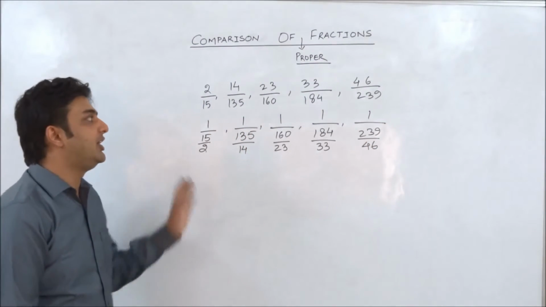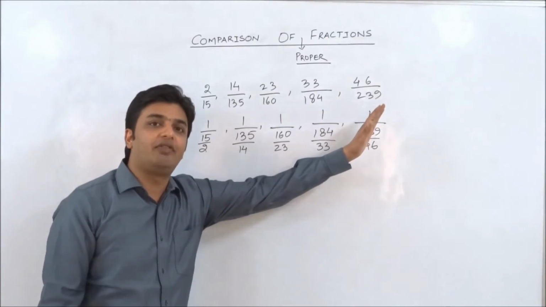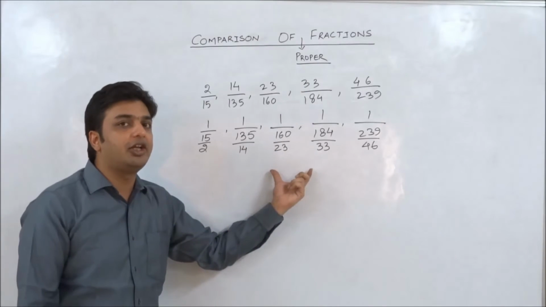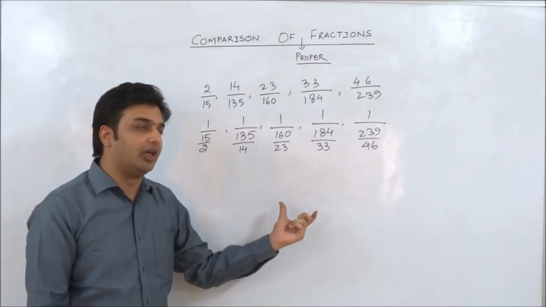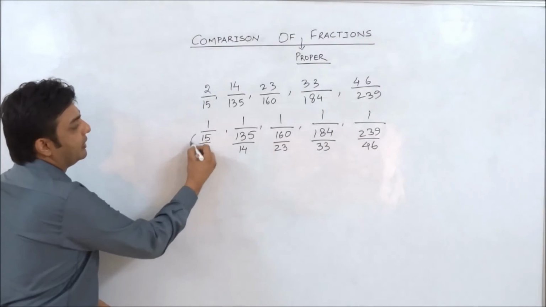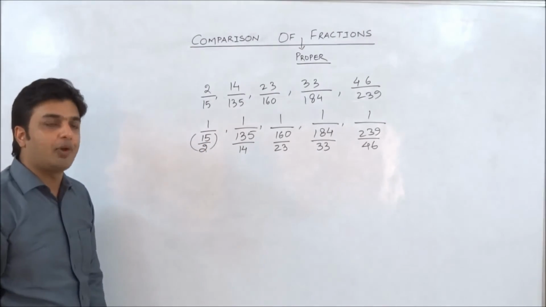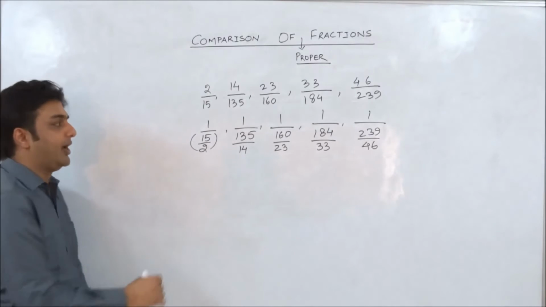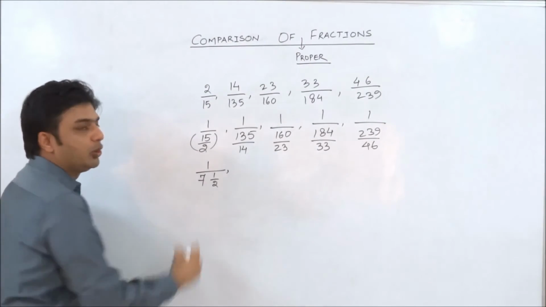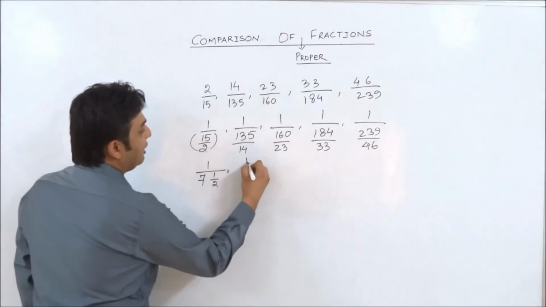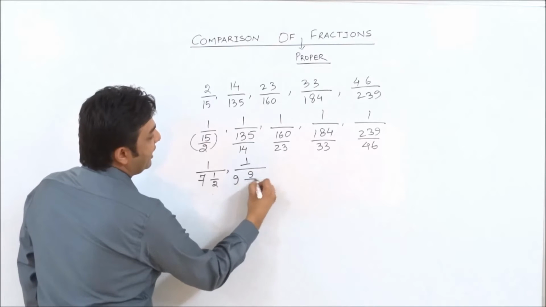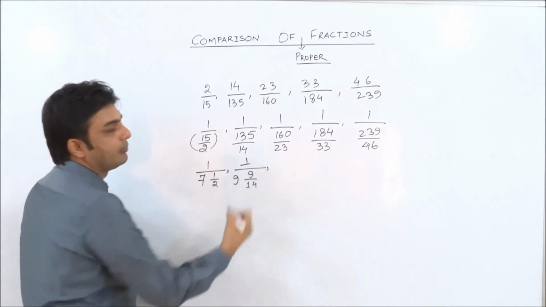Now as you can see, the numerator is the same for everyone. What we need to do is we need to compare the denominator. The greater the denominator, the smaller the number is going to be. But what is the value going to be? Again, the bottom part, this part is improper fraction. Let's convert into mixed fraction. This will be 7, 1 by 2. This is going to be 9, 9 by 14.